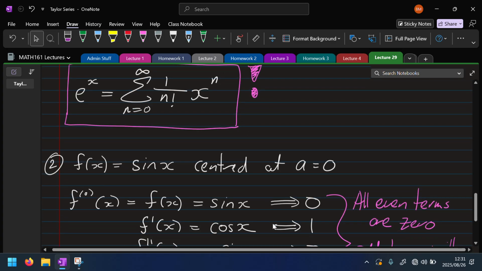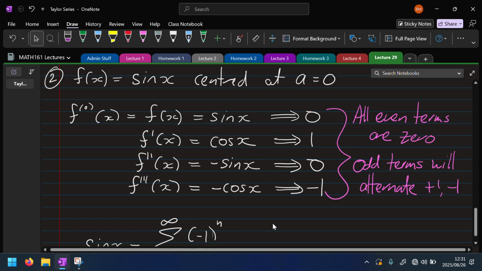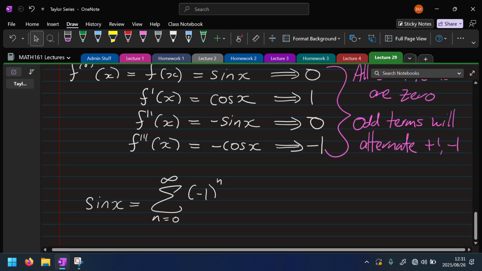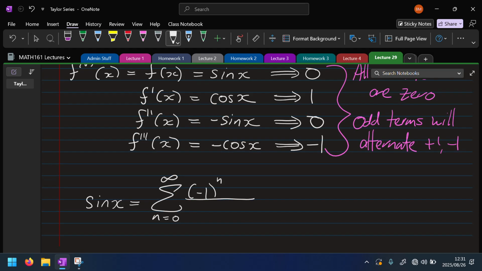But if we go back here, we see that we're only including the odd terms. So it's n factorial, but only for the odd ones. All of the even ones are 0. So if we want to make this denominator all of the odd factorials, what do we need? Not quite. What is it? Anyone else want to guess?